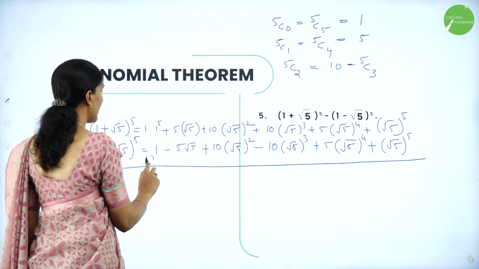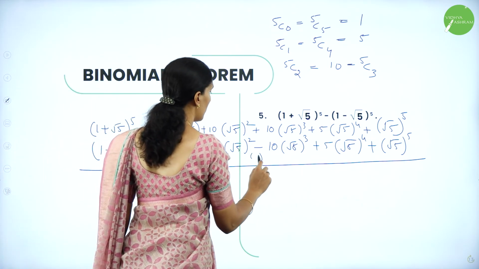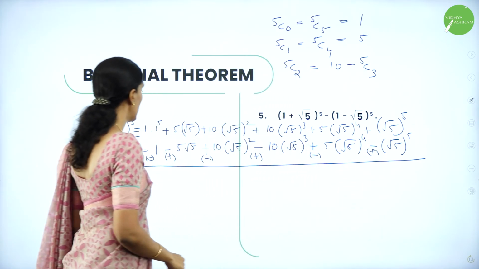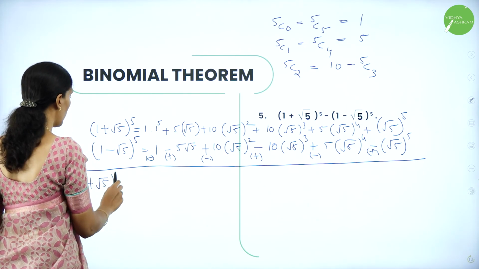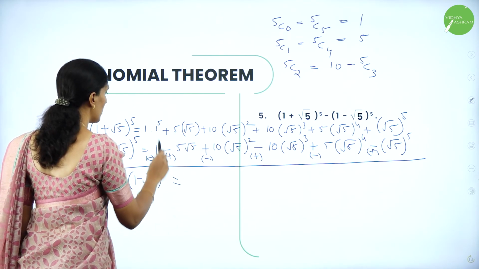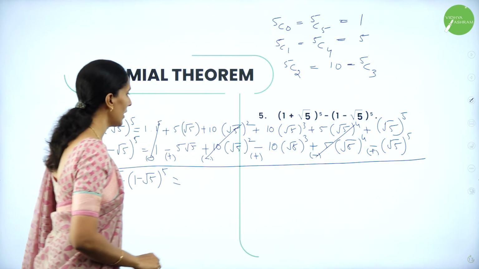Make it as minus, plus, minus, plus, minus, and here it is plus. So cancel the sign. So this is nothing but 1 plus root 5 whole power 5 minus 1 minus root 5 whole power 5. So first term, third term and fifth term get cancelled.